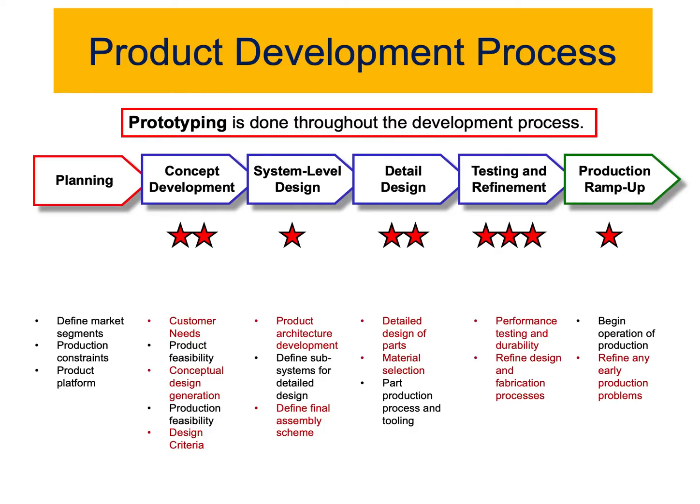To define prototypes, prototypes are defined as approximation. It's very important. So it's approximation of the product along one or more dimensions of interest. So you don't have to have a complete comprehensive product. You can have only one aspect of your product. And when we talk about dimensions of interest, there are interest by the team or the customers.